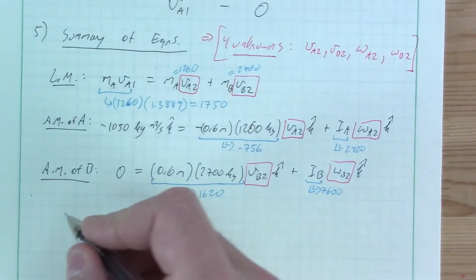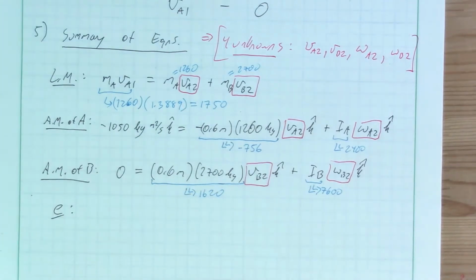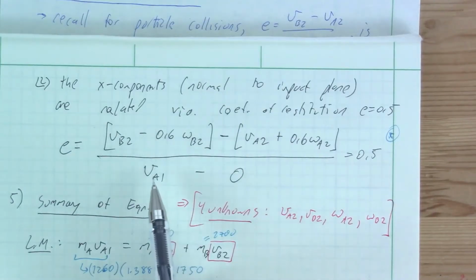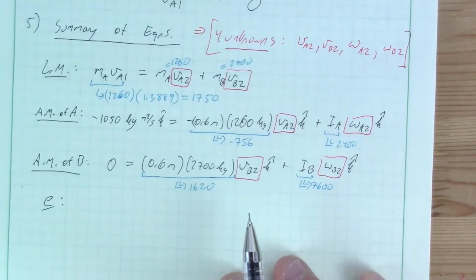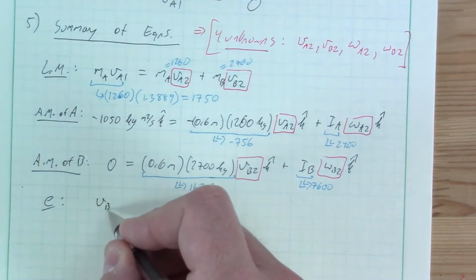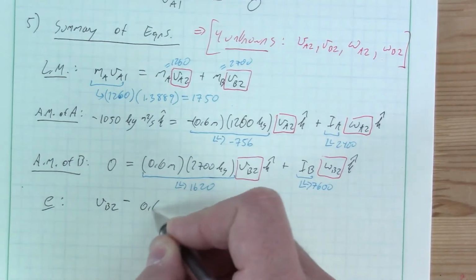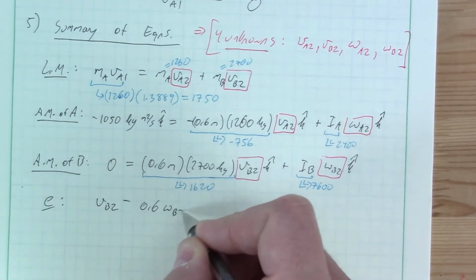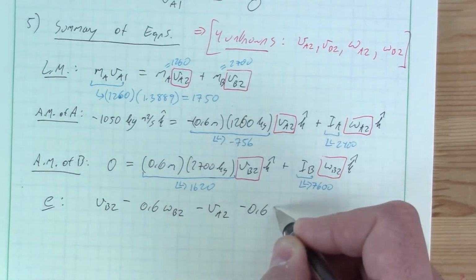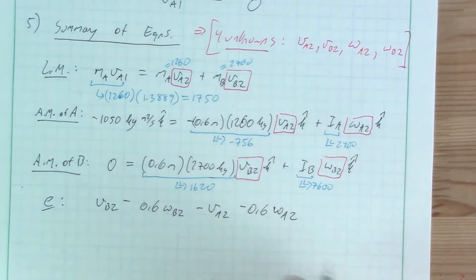And then from our coefficient of restitution, e, which is right above us here, all I'm going to do is multiply VA1 over, because that's a known quantity. So we have VB2 minus 0.6 omega B2 minus VA2 minus 0.6 omega A2.